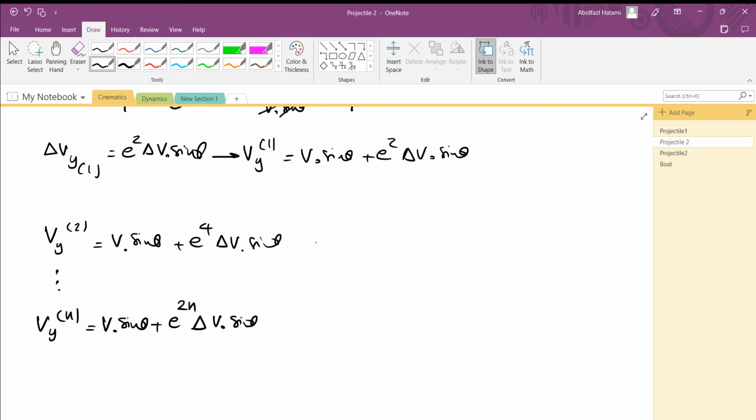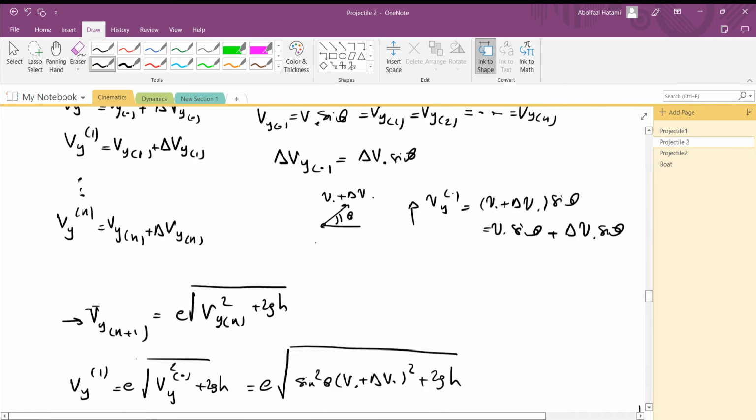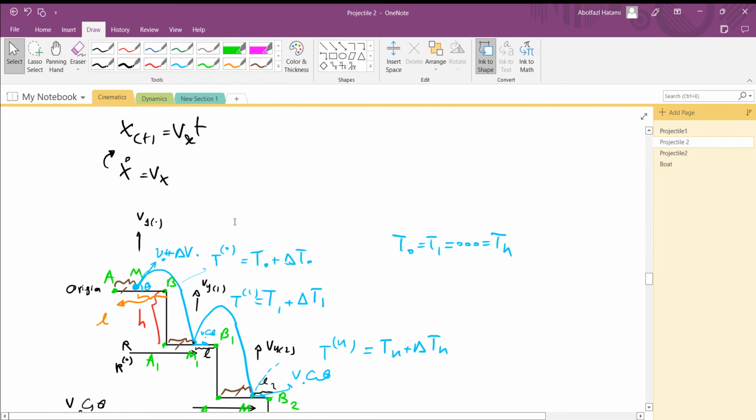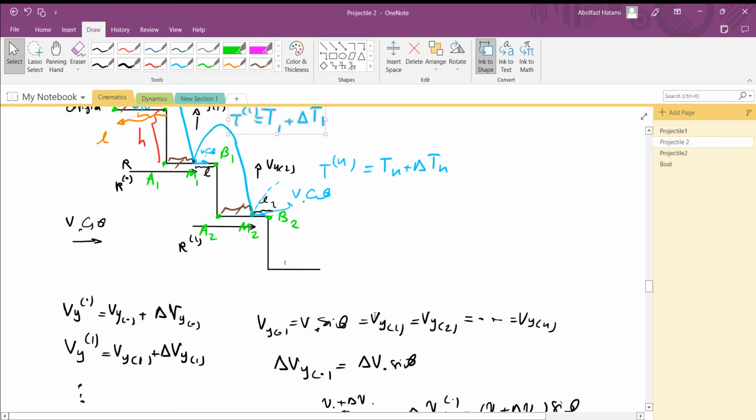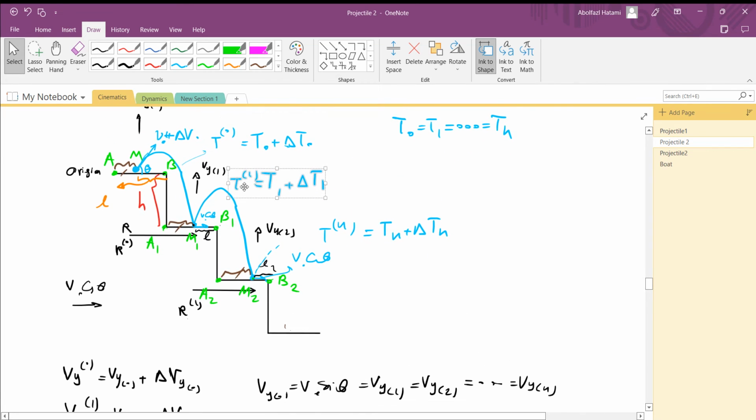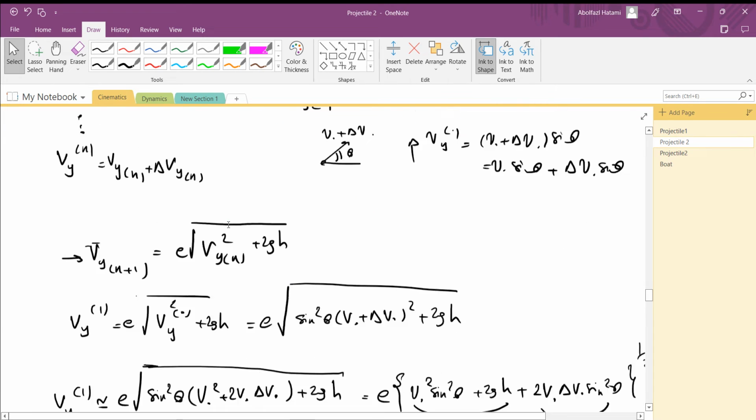So now that we understood what our vertical component of velocity is after each collision, we can now understand what our t's are, what is our t0, what is our t1. Let me find t0 and then t1 and tn to find out the time that our ball is in the air for each collision.